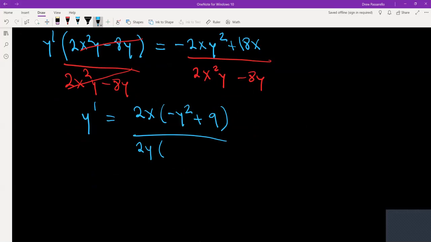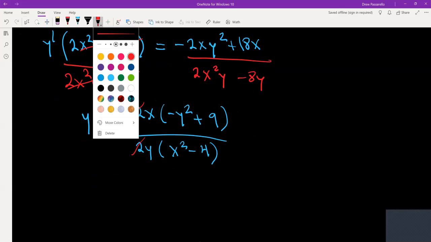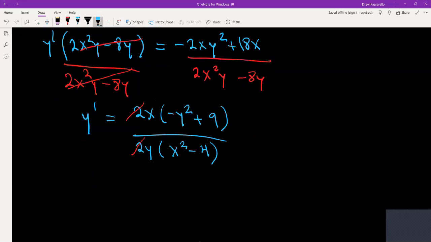That makes this x squared minus 4. And I could divide out the 2's. All right, so the negative y squared plus 9, that is the same thing as 9 minus y squared.